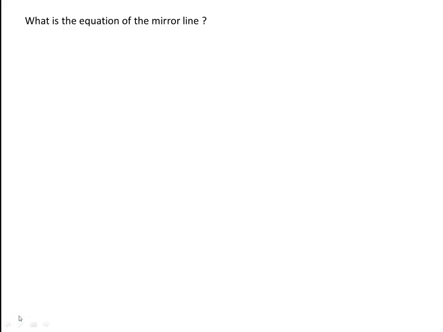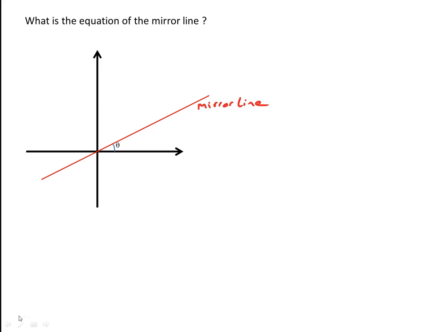So what's the equation of this mirror line? Well, we know that the mirror line makes an angle theta with the x direction. And if we mark a point (x, y) which lies on the mirror line, then we set up a right angle triangle using the point (0, 0) and the point (x, y).